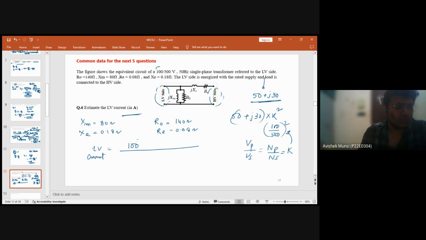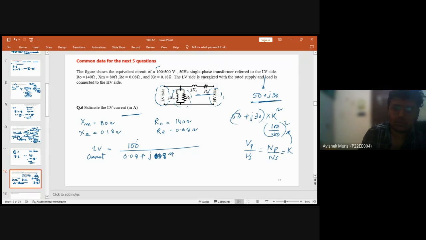The total impedance is Re plus j XE, so we're considering Re plus jXE. This will be 0.08 and this one is 0.18, right?